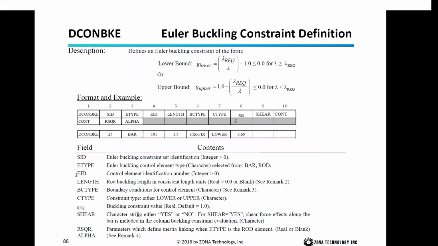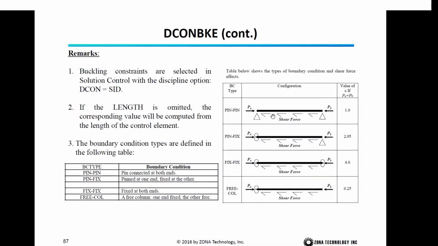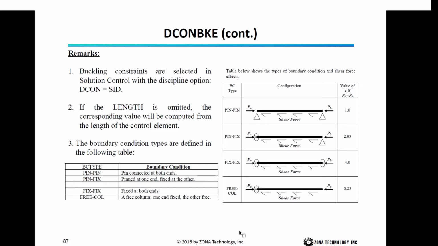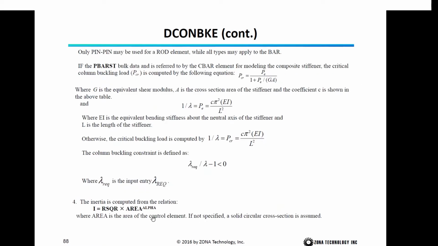Shear means whether you impose the shear force or not, so either yes or no. RSQR is a parameter which defines the inertia when E type is the rod element. In the rod element we only give the area, so how do we define the inertia? We use this equation to define the inertia.